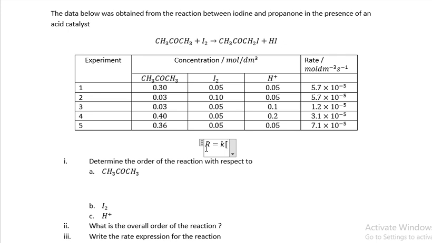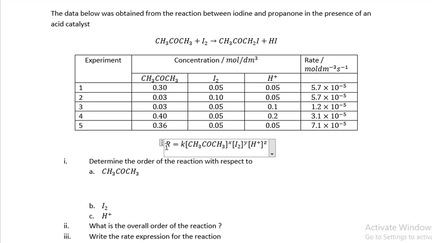So my rate law says the rate of this chemical reaction will be given by the rate constant times the concentration of the first reactant raised to its partial order, I can say X, and then times the concentration of the second reactant raised to its own partial order, I can say Y, then times the concentration of the third reactant raised to its own partial order, I can say Z.